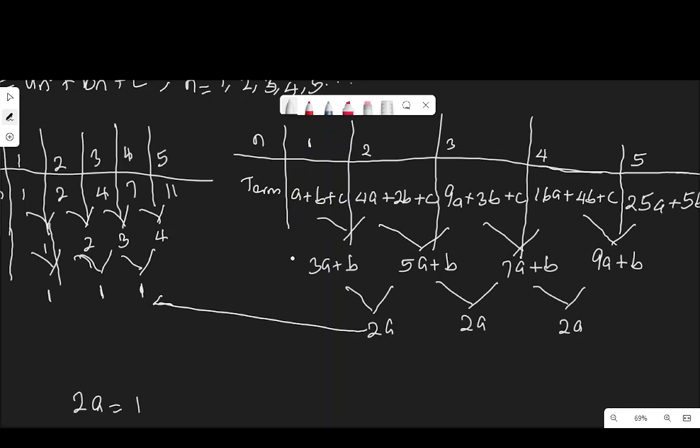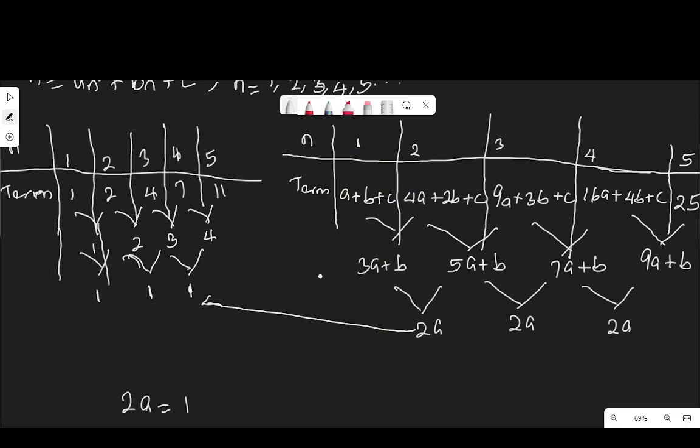Now, if I compare the second row, I'm counting from the last one, so this row is my second row. If I compare that, 3a plus b corresponds to 1, 5a plus b corresponds to 2, 7a plus b corresponds to 3, and 9a plus b corresponds to 4.